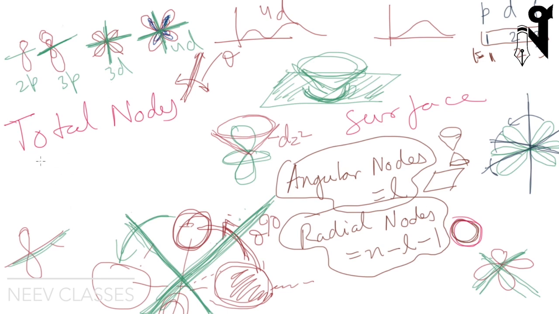I hope to show you that shape in the diagrams above. So total nodes come to n minus L minus 1 for radial plus L for angular. So what we end up with is n minus 1. That's your total number of nodes. And mind you, these are surfaces.